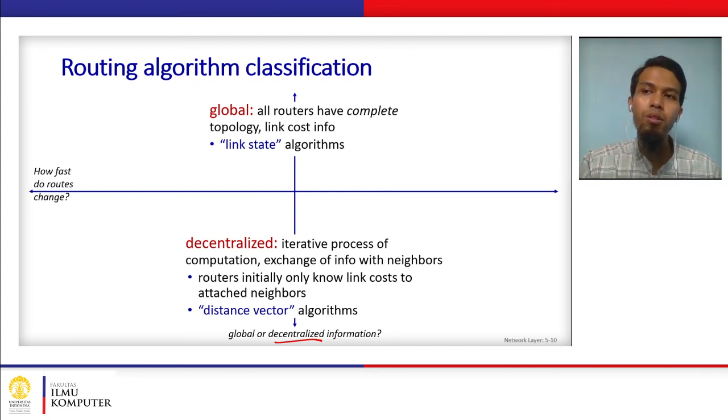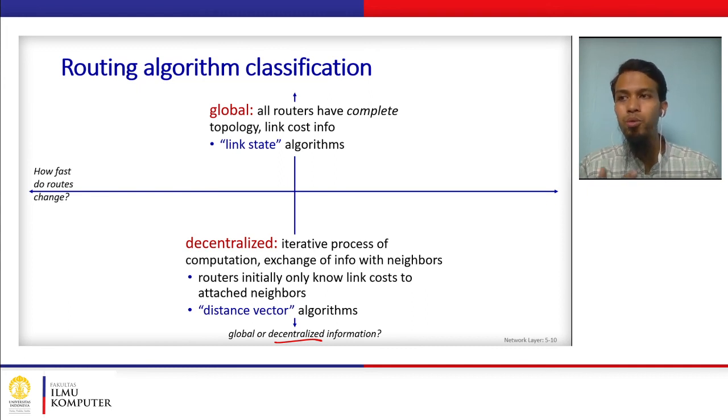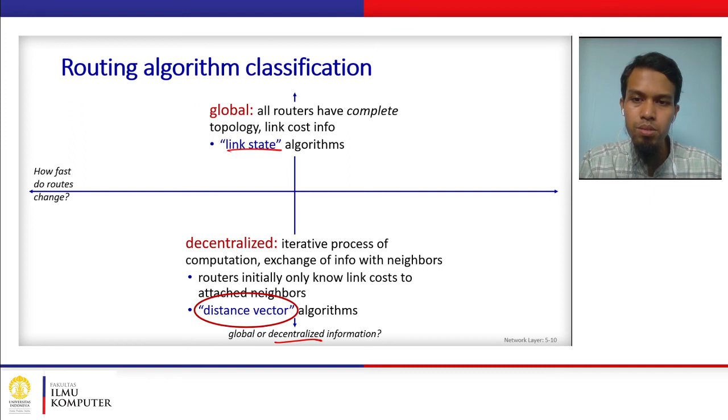It relies on its neighbors to exchange messages through an iterative process until all the nodes reach convergence. In that case, all the nodes have the same information about the link cost and the topology. The algorithm that falls under this classification is the distance vector algorithm. So we'll talk about these two algorithms mainly.